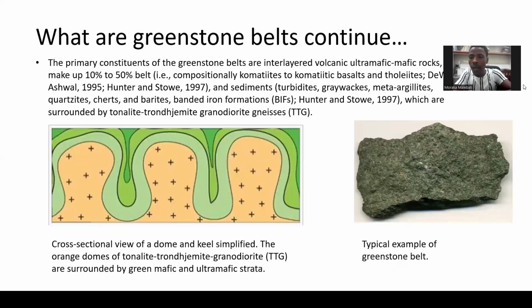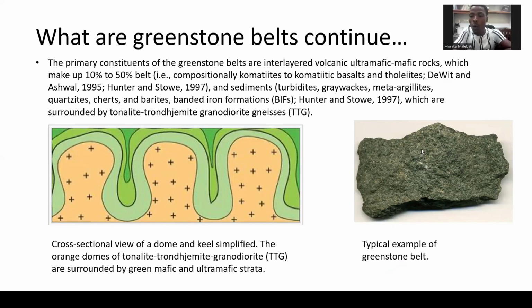The greenstone belts, like I said in the definition, are green in color because of the mineral chlorite, which is a green mineral. So the green mineral chlorite gives the greenstone belts their green color.